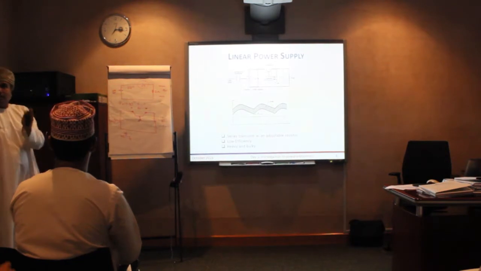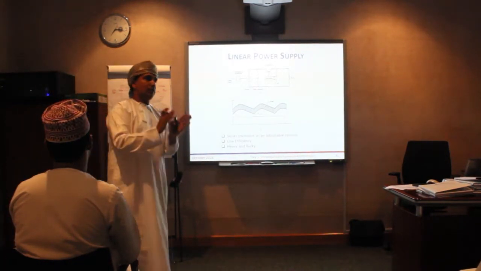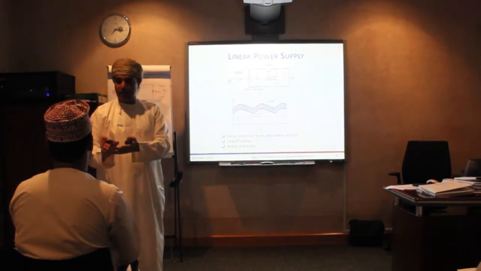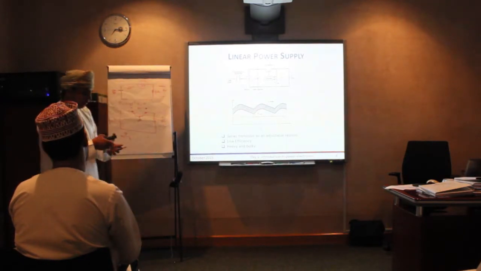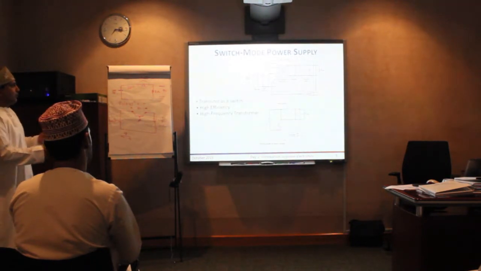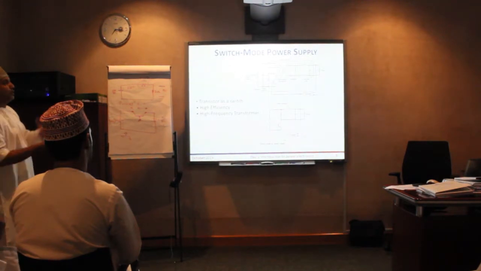So remember, power electronics operate in two main modes using switches like transistors, diodes, and there is another one, the thyristor, for large applications. So this is what we discussed right now. We gave an example, the switch mode power supply.